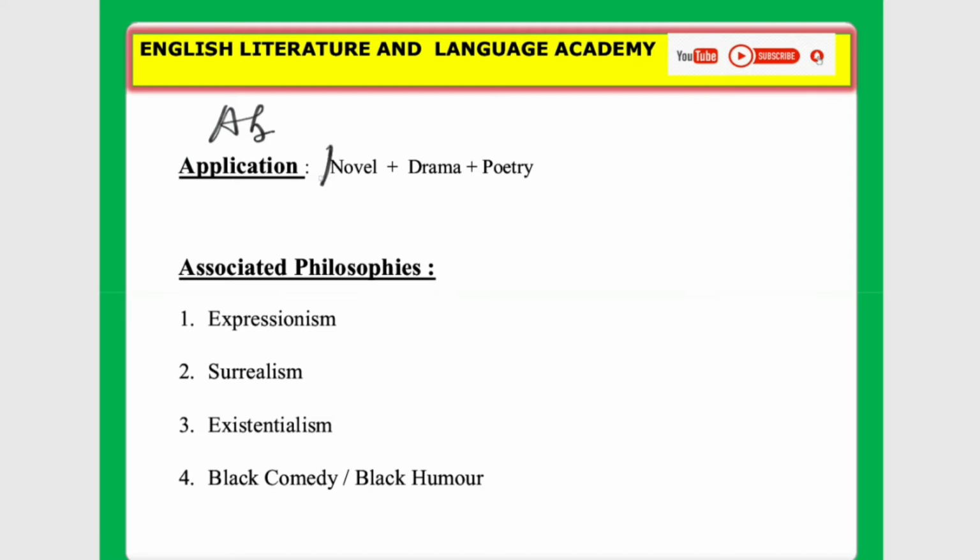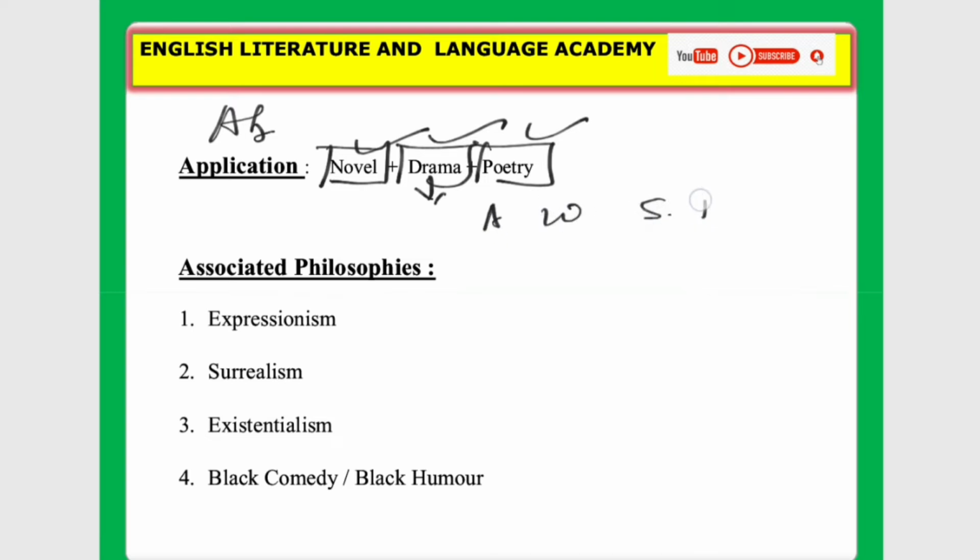Absurdity we can see in novel, drama and poetry. In the HSTR syllabus they have given the absurd concept in all these three forms. However, in drama absurdity can be found widely. The example I have given is Waiting for Godot by Samuel Beckett. So please remember this play.